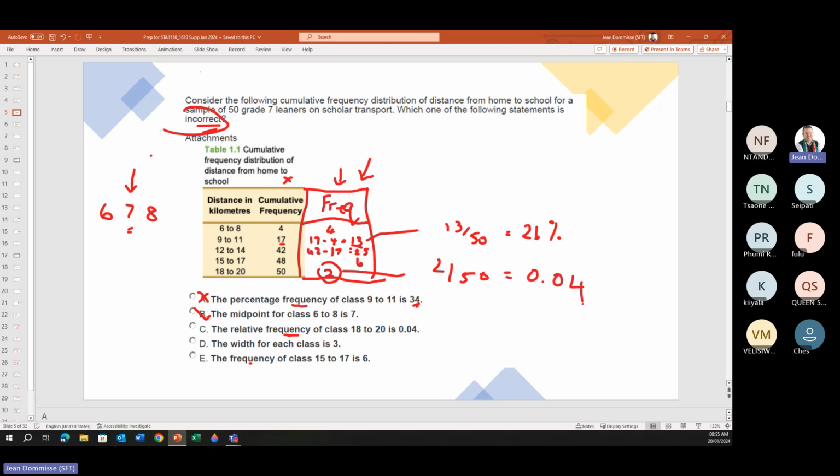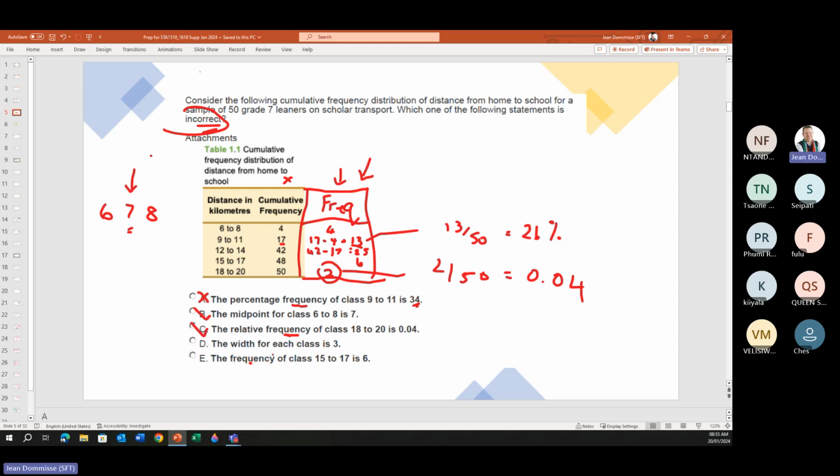So that will be 0.04. So 2 divided by 50. Again, if you used cumulative, it would have been 100%. So then again, you would have made that mistake by saying that one is also incorrect.